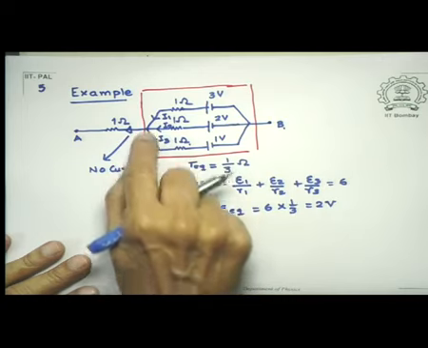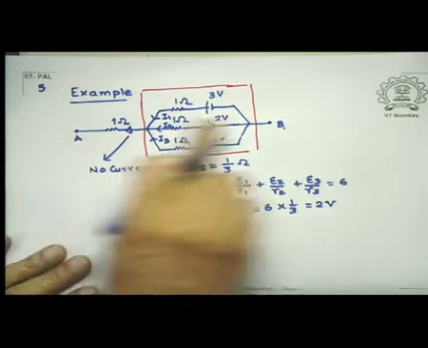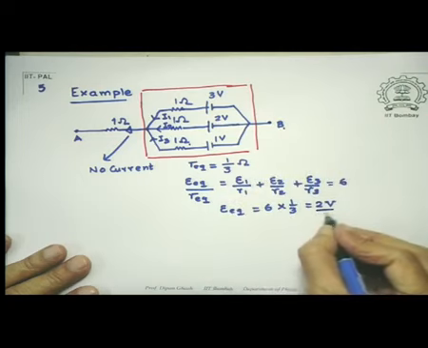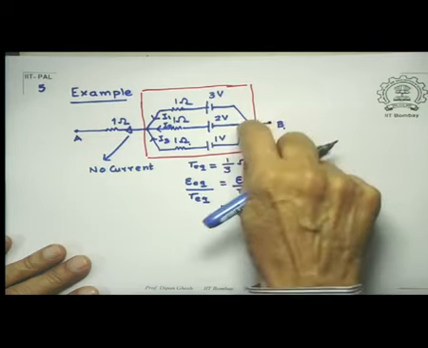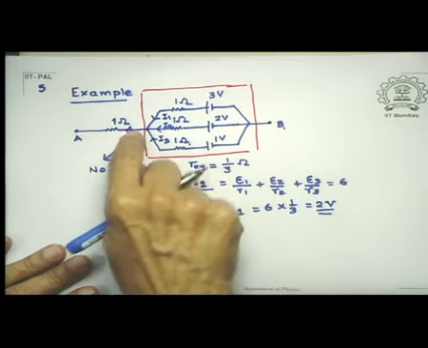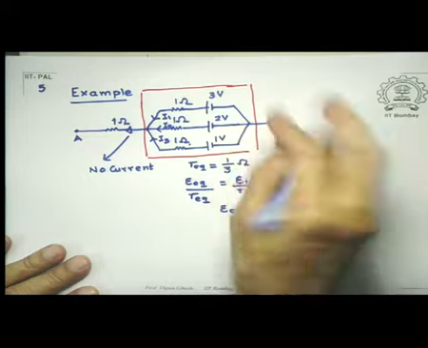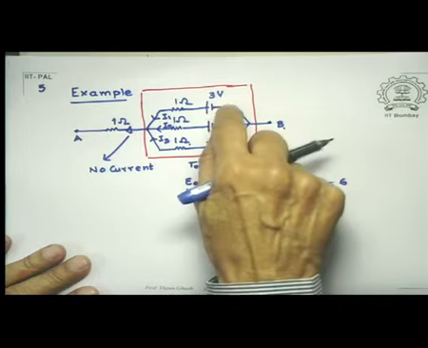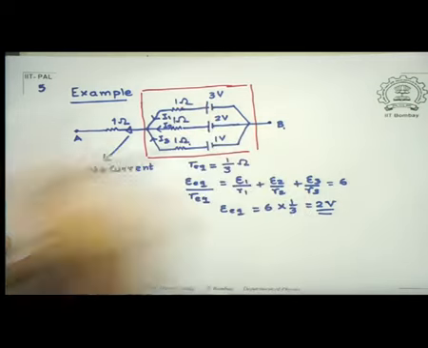We have already worked out the potential difference between A and B is 2 volts. And so if I start from here and go along this path, I start from 3 volts minus 1 into I1.